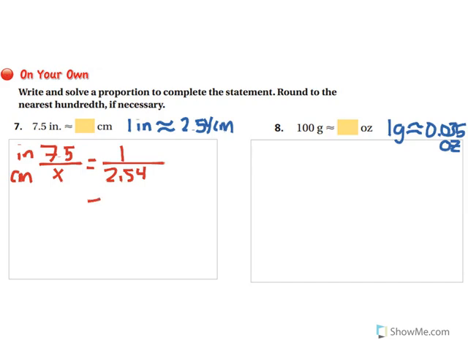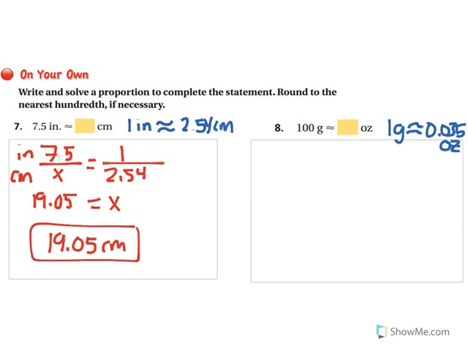And if I do my cross products, I know x times 1 is x. And if I do my cross products on the other side, I do 7.5 times 2.54, and I get 19.05. So this is 19.05 centimeters. Okay? Pretty easy, right?